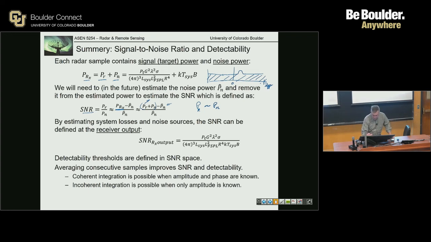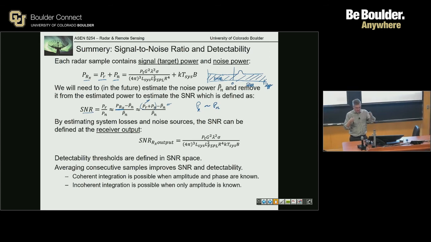So this is the noise, and this is now frequency, where we've taken samples. It's not the carrier frequency. This is the samples of our A to D. And now I'm going to turn it sideways. Transmit a pulse, take a sample at a range gate. Take a new pulse, take a sample at a range gate. So this is the time sequence at a given range gate. There's noise. That noise is random.